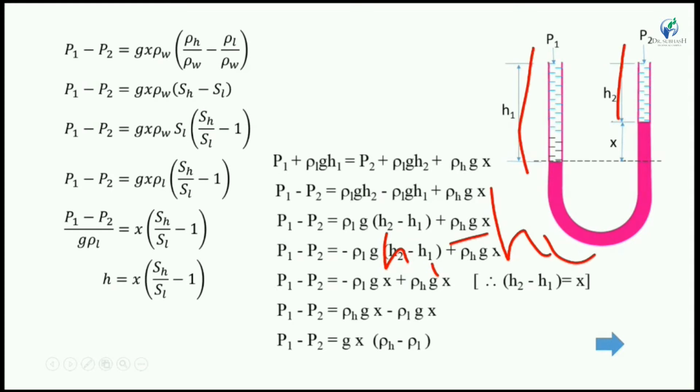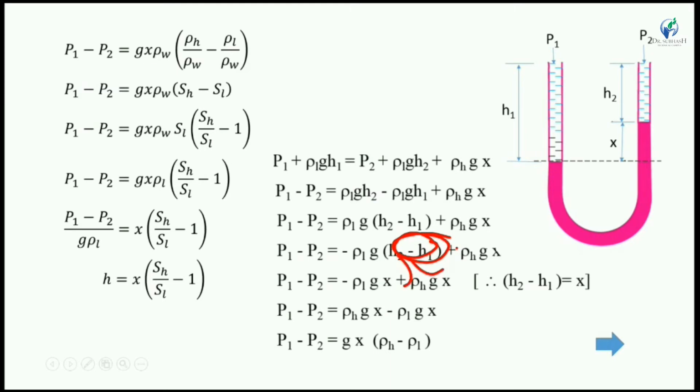H1 minus H2 is nothing but x. So in the bracket they put x instead. So P1 minus P2 is equal to minus ρ1gx plus ρhgx.